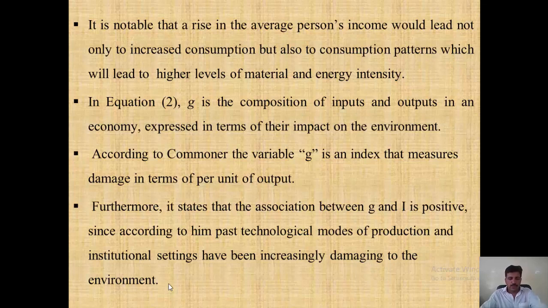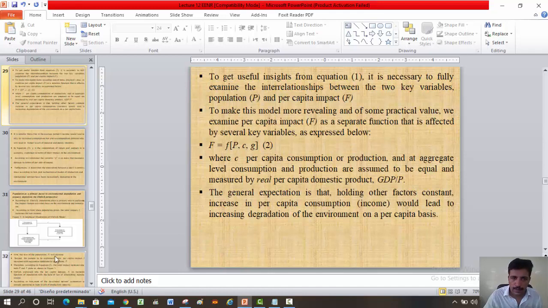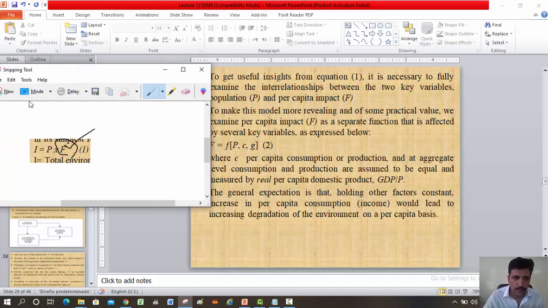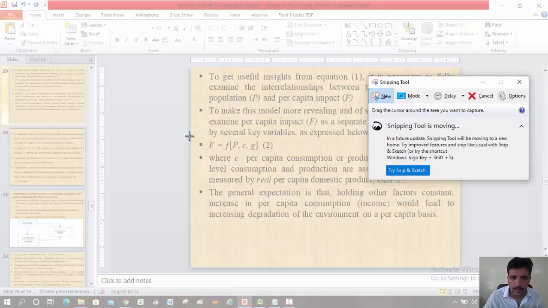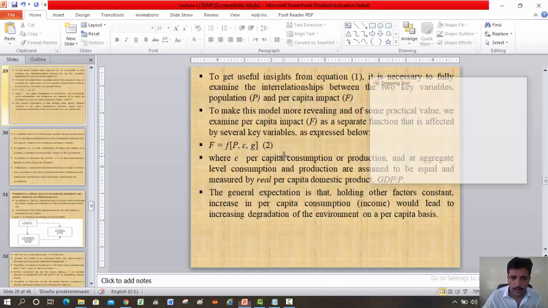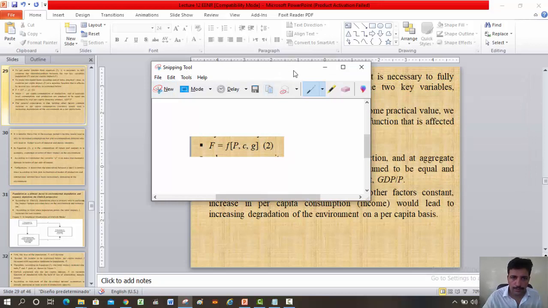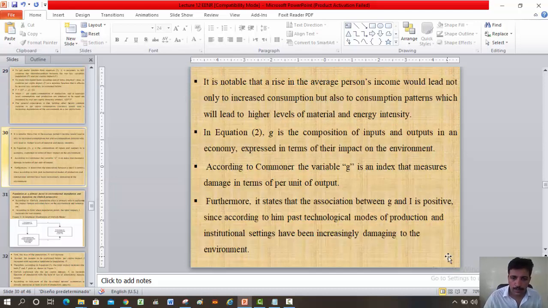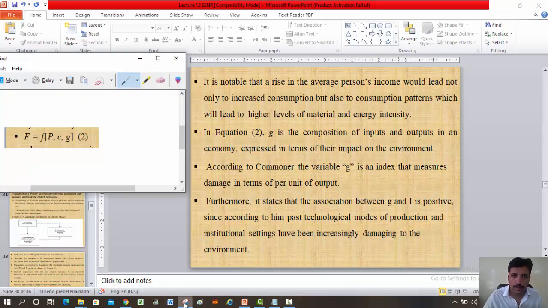In equation number 2, G is the composition of inputs and outputs in an economy, expressed in terms of their impact on environment.